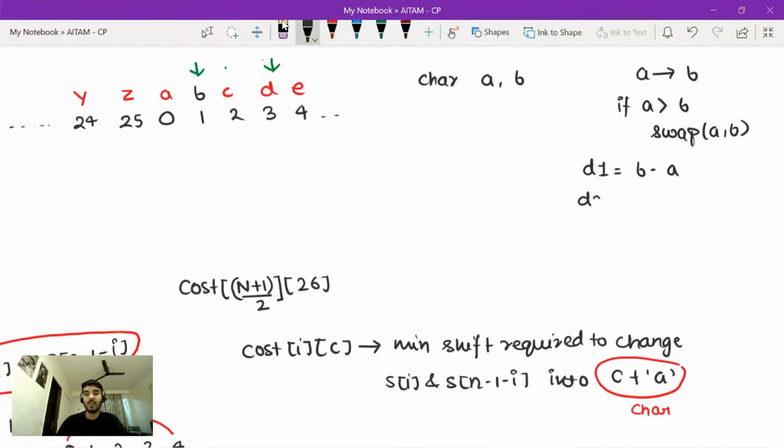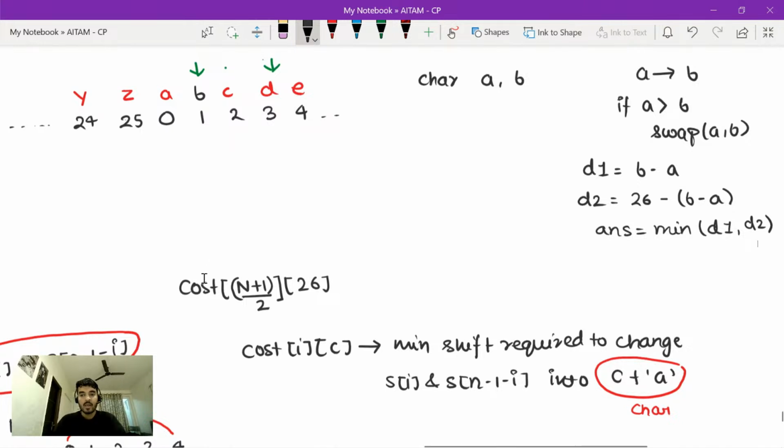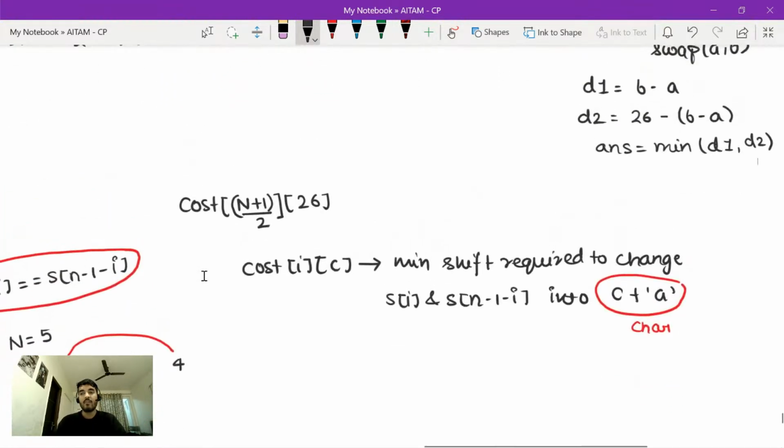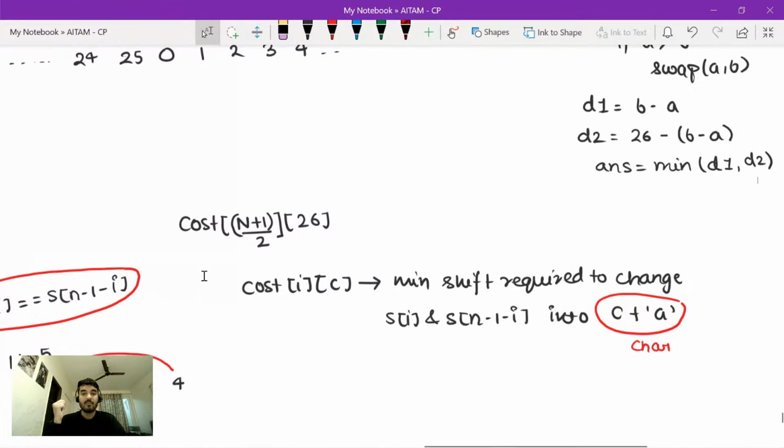Or d2, this is simply equal to 26 minus this value of d1, or I can say 26 minus (ASCII value of b minus ASCII value of a). And your answer is simply the minimum of these two paths, whichever takes fewer shifts. So d1 comma d2. In this way I will find it for every possible value of i and c.